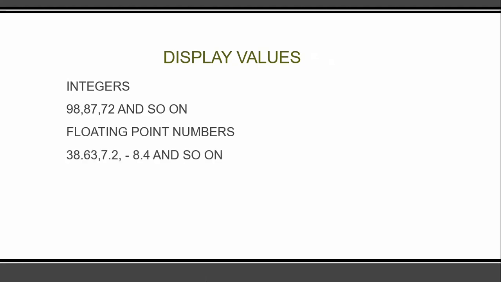In the coding section, I will explain how to display a string message, how to display an integer value, and how to display a float value. What is the difference between the integer value and the float value? The integer value contains only the whole part, whereas floating point numbers contain both the whole part and the fractional part.